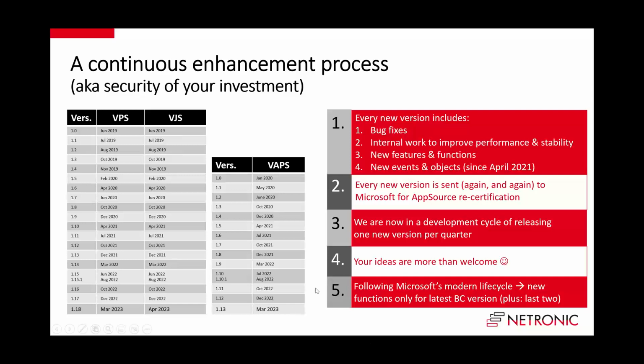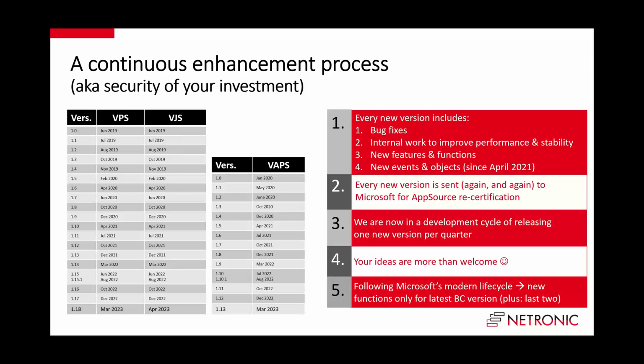And what is important to say, we follow Microsoft's modern life cycle. So the new functions that we build are always only for the latest Business Central version. Plus, we try to make it available for the last two. So what you see today is available for Business Central 2020 and then for 21 and for 20.